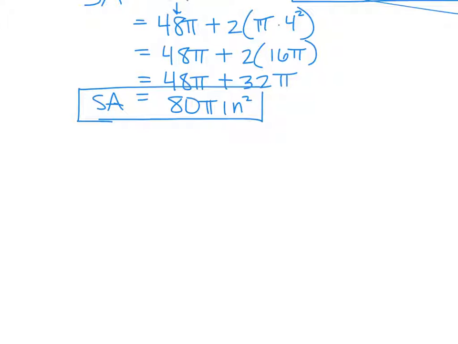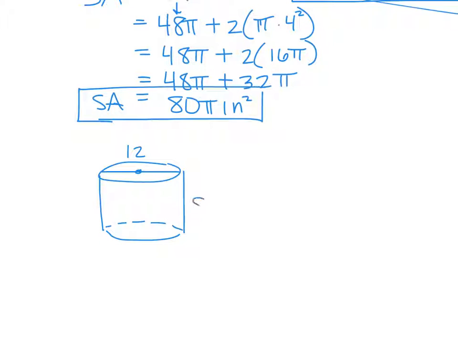All right, last one. Let's say you have a diameter of 12 and a height of 8. So lateral area is the perimeter of the base times the height.